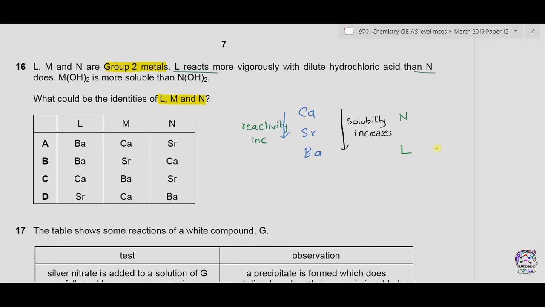It means M is below N. So as N is above both L and M, we can say that N could be calcium. Let's look at the options. In N we have strontium, calcium, strontium, barium. So the correct option is B.